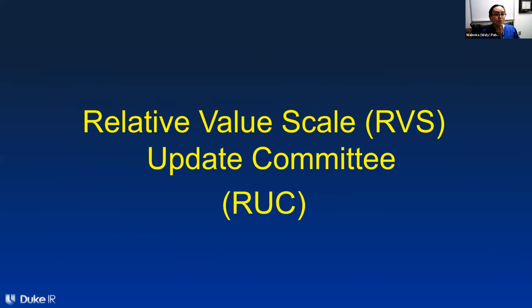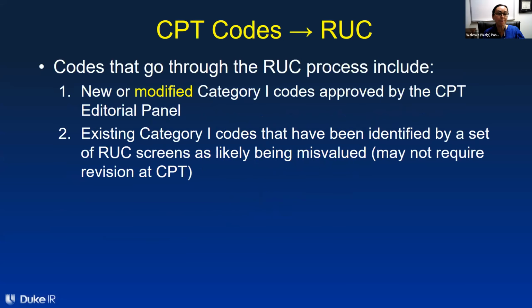So now I'm going to move on to the RUC, the other arm of the AMA, the one that's in charge of assessing valuation, and that's the Relative Value Scale Update Committee. As I mentioned earlier, the CPT codes that go to the RUC are the new or modified Category 1 codes approved by the CPT Editorial Panel, or those existing Category 1 codes that are detected by a RUC screen.